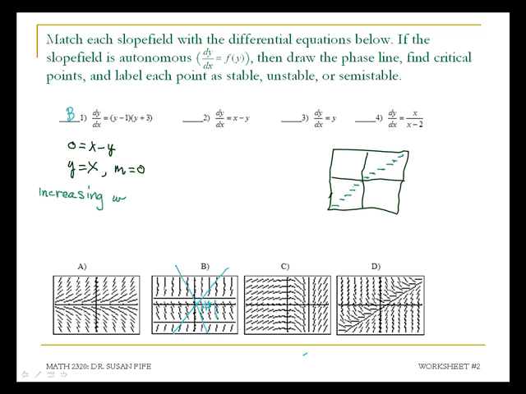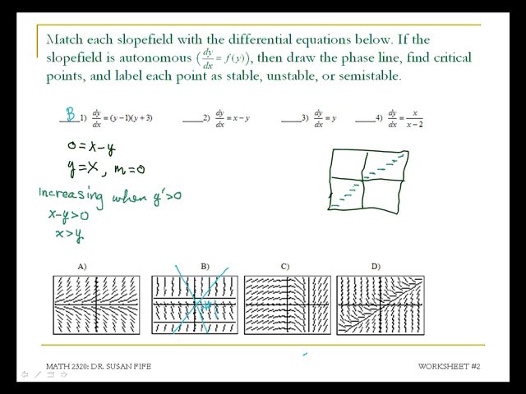The graph is increasing when the derivative is positive, greater than 0. So if I have my derivative greater than 0, that would tell me that x minus y is greater than 0. If I bring my y over to the right side, it tells me that when x is greater than y, my slope is increasing.